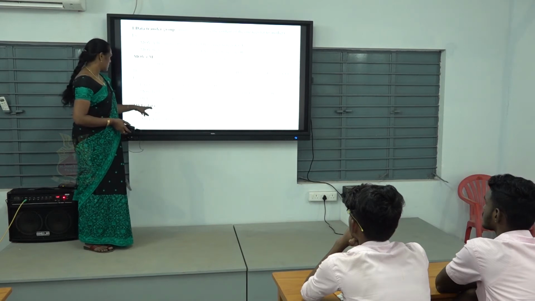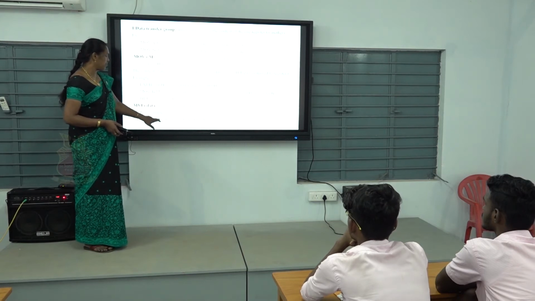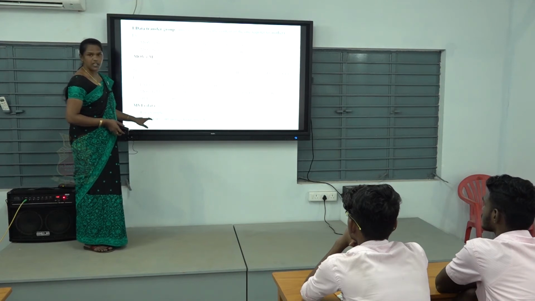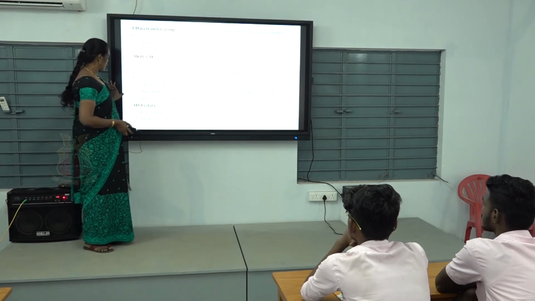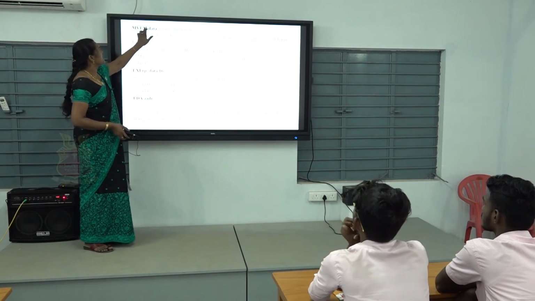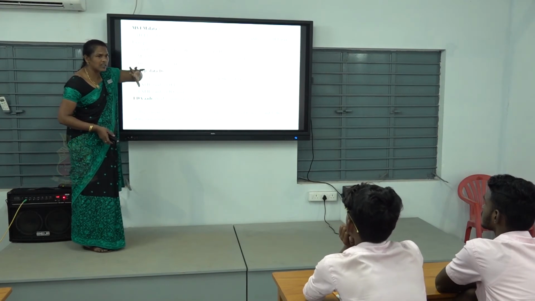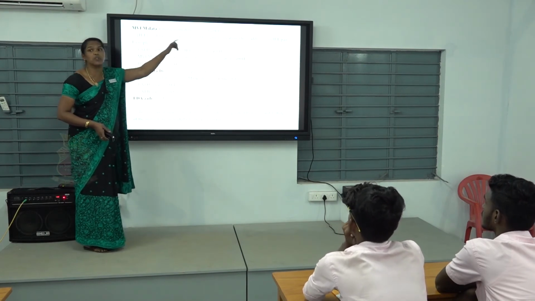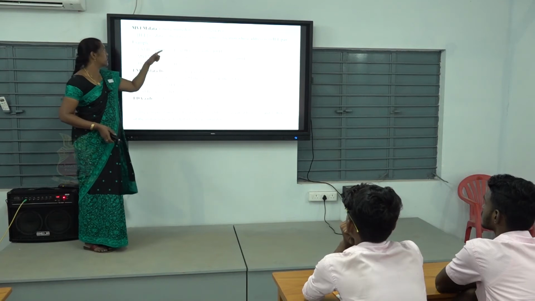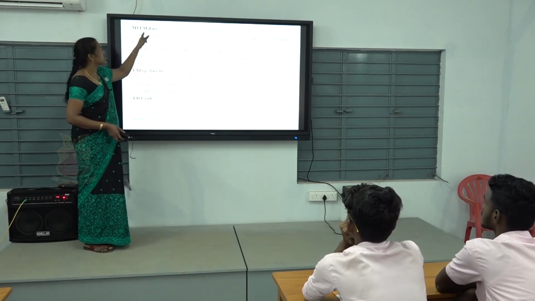So the data is moved immediately to the register. Then MVI A, 05: the 8-bit data 05 is moved immediately into the accumulator. Then 8-bit data is moved into memory. It means 05 is moved into the memory location 2000H. M means the memory register or memory location, addressed by the HL pair.